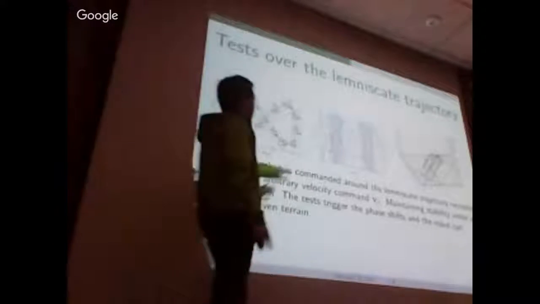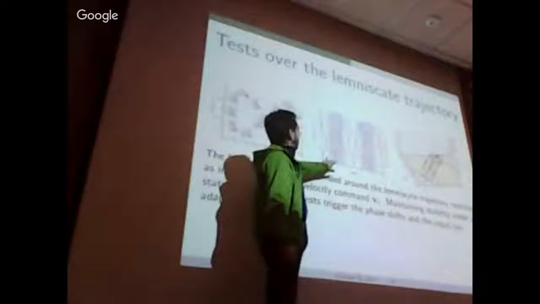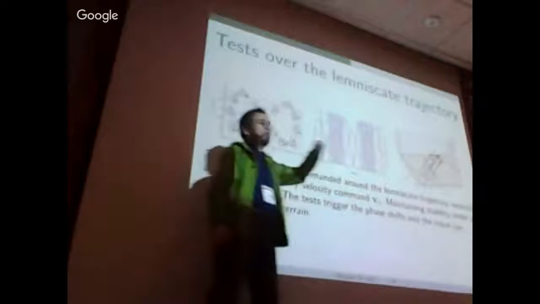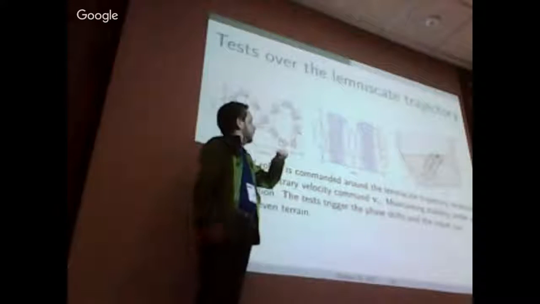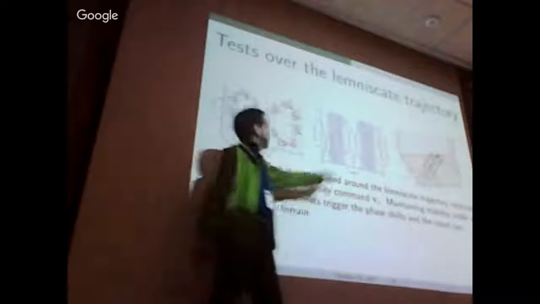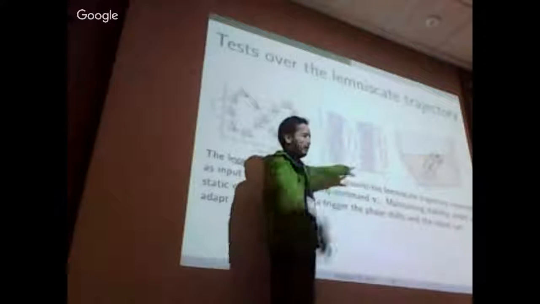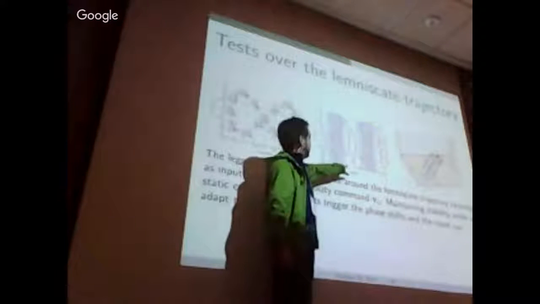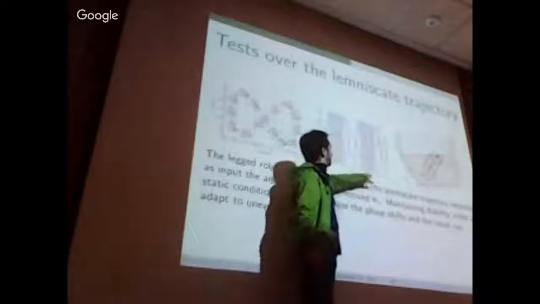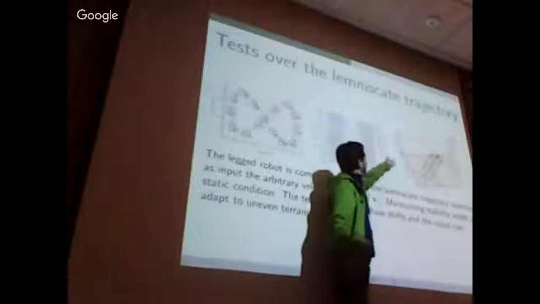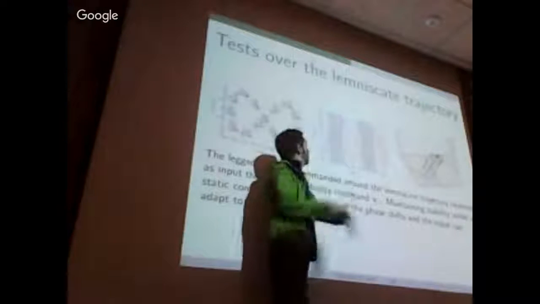And this is a simple graph showing how at the beginning the shaded area corresponds to the even legs swinging. So only in this period of time were the even legs swinging, and here we can see that the phase shift was triggered by the minimum angle between two legs.